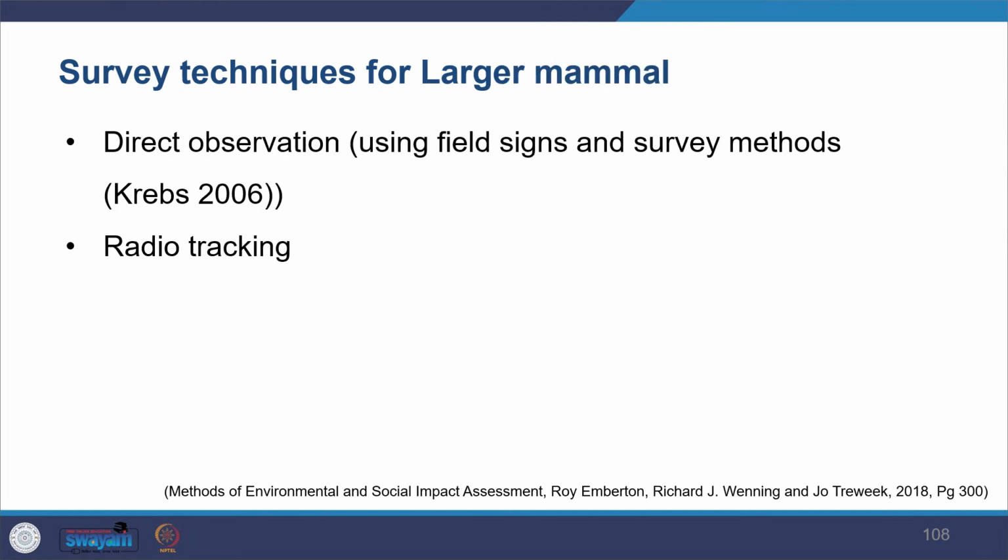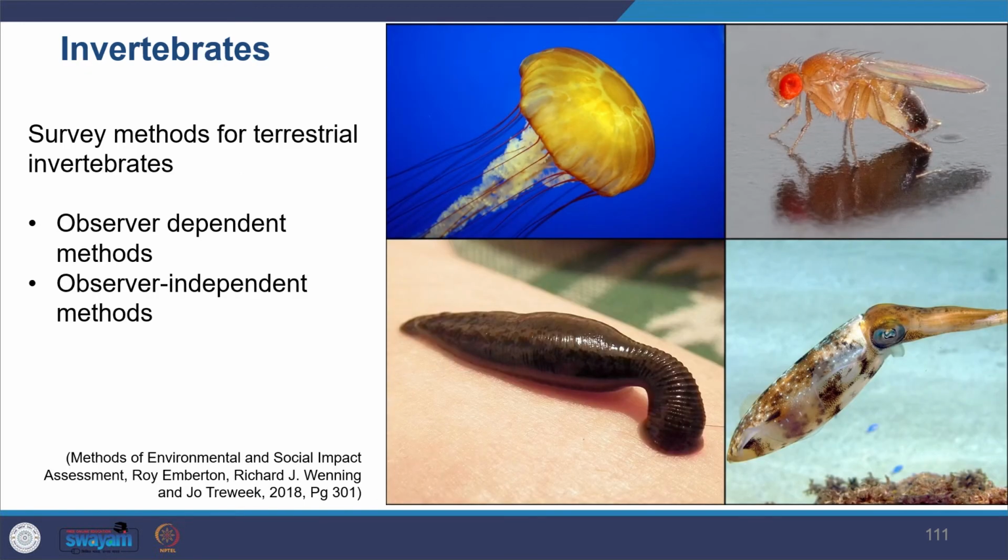Radio tracking you can also use, and field signs can also be used. For invertebrates as well, you need to do surveys, and you can have observer independent methods such as traps, or you can have investigators who visit the site.